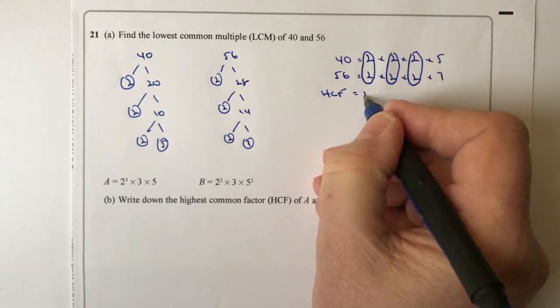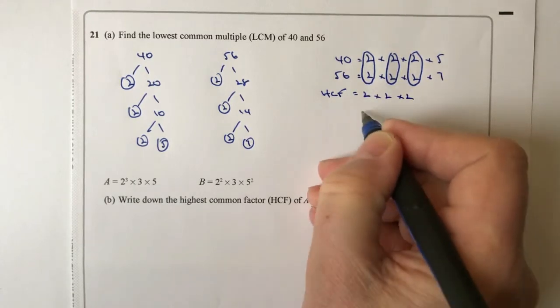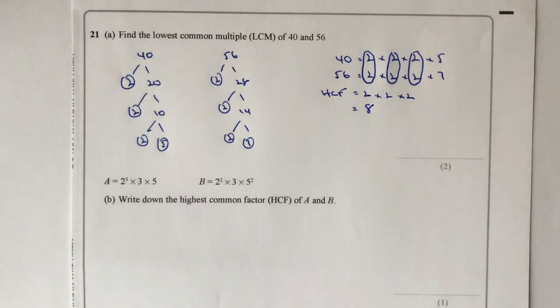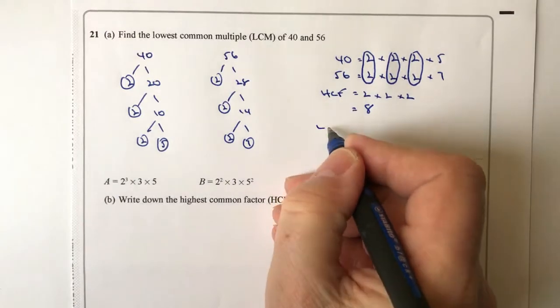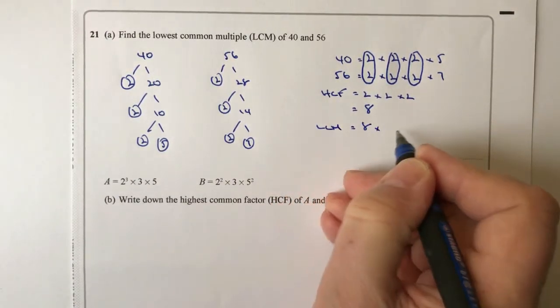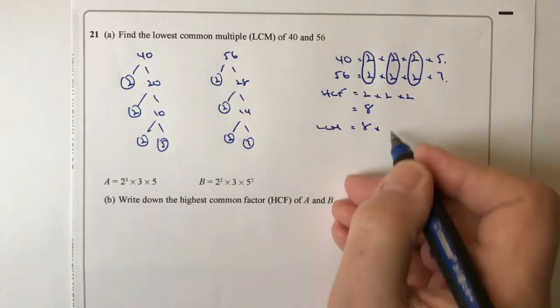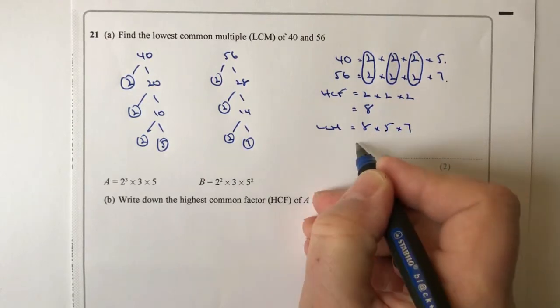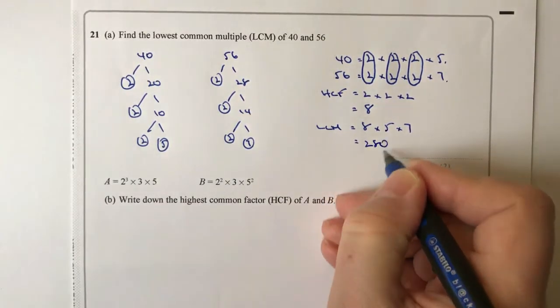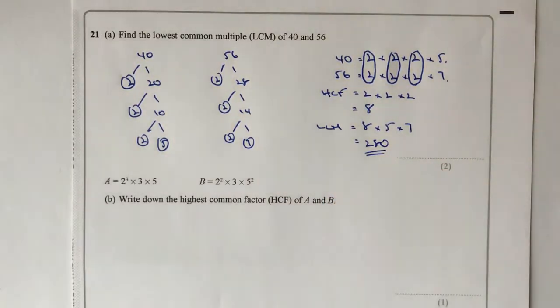So the highest common factor of these numbers is going to be 8. Now the lowest common multiple is 8, the highest common factor, times what's left, which is 5 and 7. And if I multiply all of that out, I'm going to get 280, which would be the answer to this question.